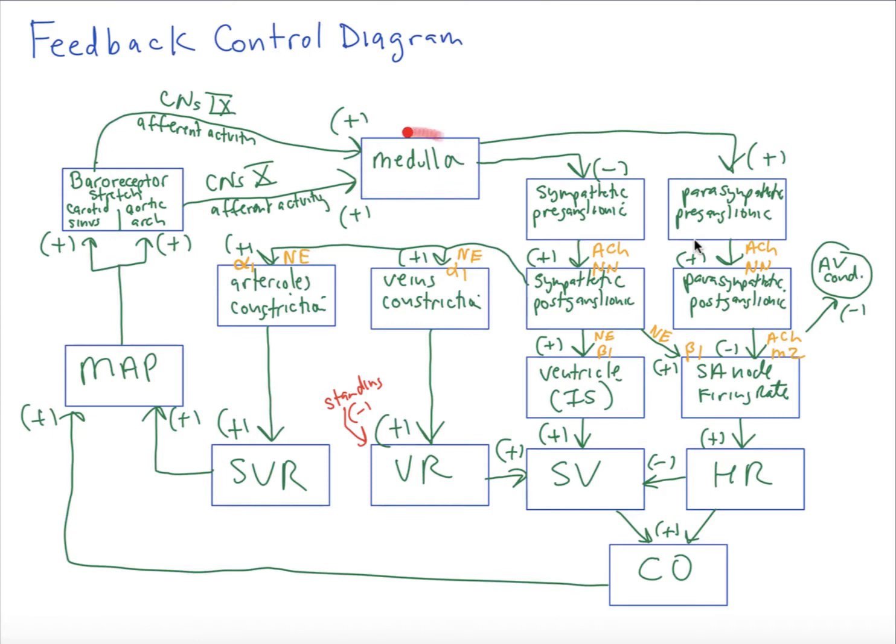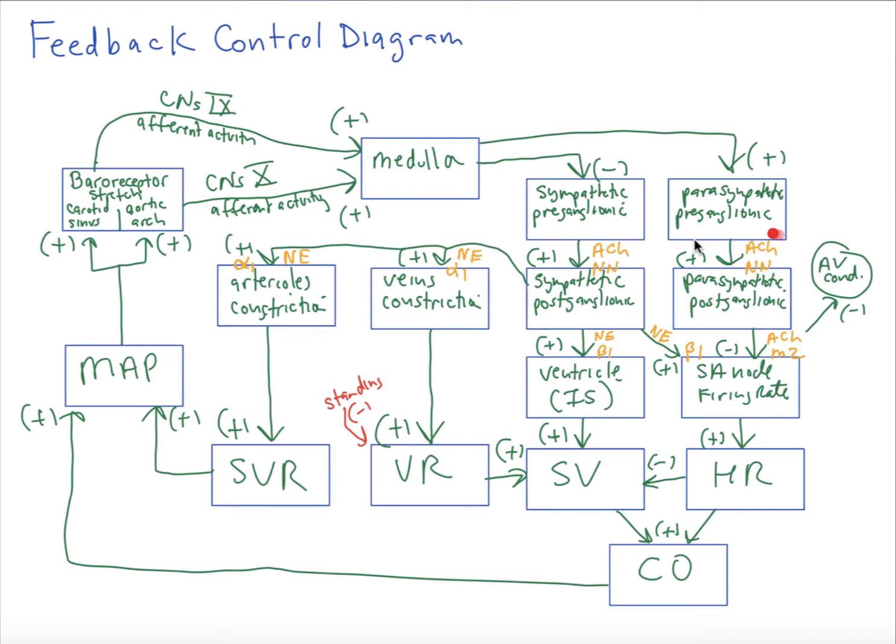And the medulla cardiovascular control center is going to have a negative influence on the sympathetic nervous system and a positive influence on the parasympathetic nervous system. And it's going to be at the level of the preganglionic neuron. Now, if we look at the different relationships between these elements, we see that the parasympathetic preganglionic neurons have a positive relationship on the parasympathetic postganglionic neurons.